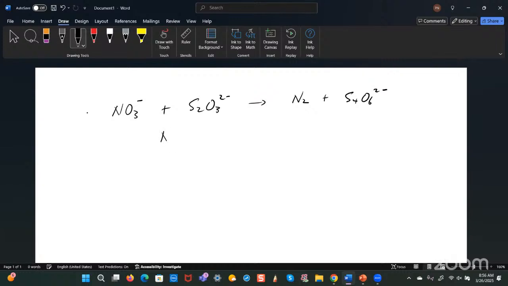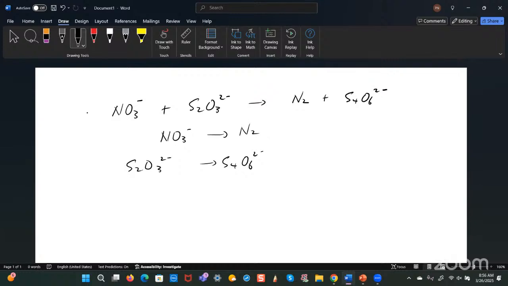Okay, so NO3 minus to N2 and S2O3 2 minus to form S4O6 2 minus. Okay, very good. Next step. Balance all the atoms that aren't the oxygen or hydrogen.